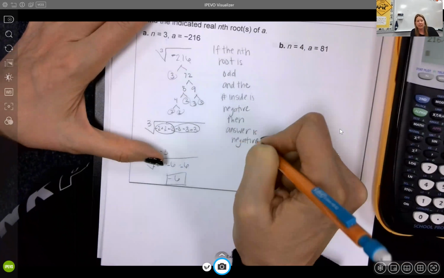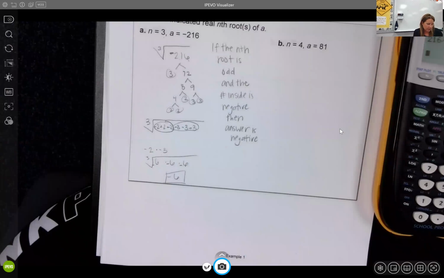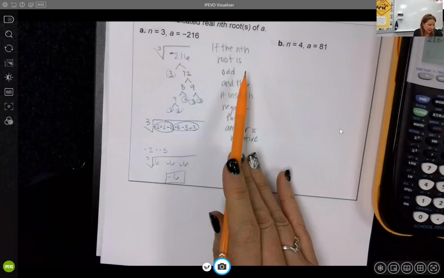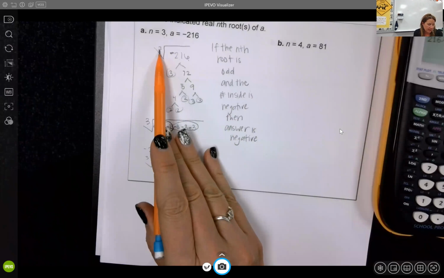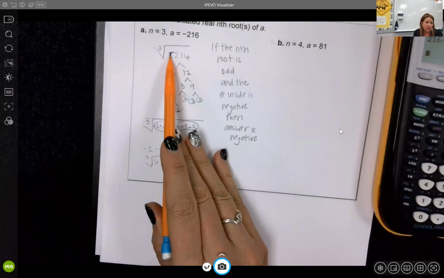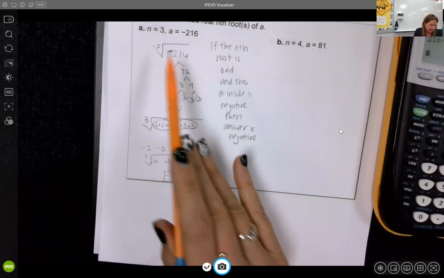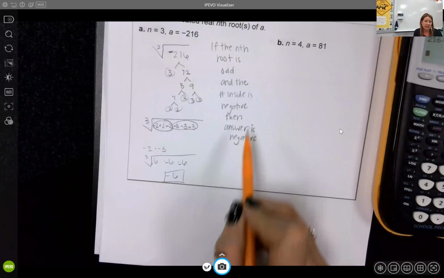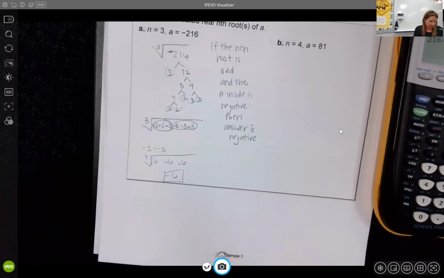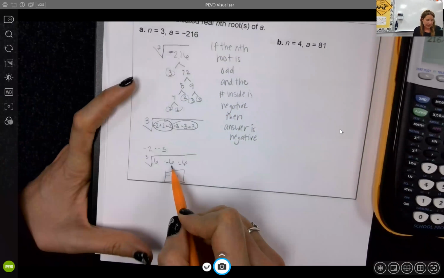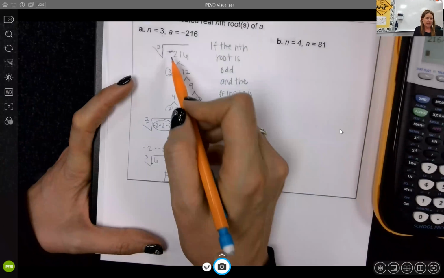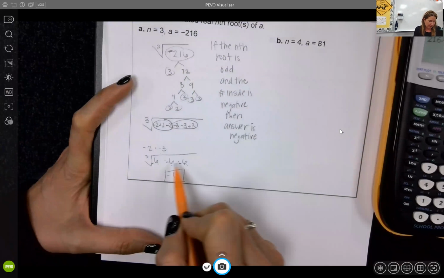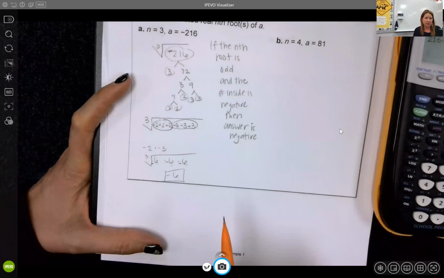Okay, and you can write that down as a note. If the nth root is odd, so this is odd, and the inside of the root is negative, then the answer is going to be negative, because I'm saying that this number times this number times this number, and these have to be the same numbers, will give me negative 216. So these would have to be negative to turn back into a negative, okay?